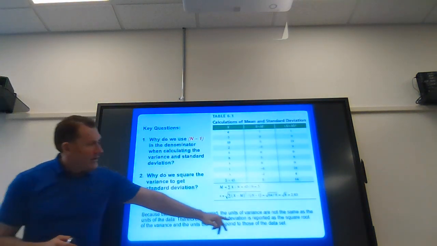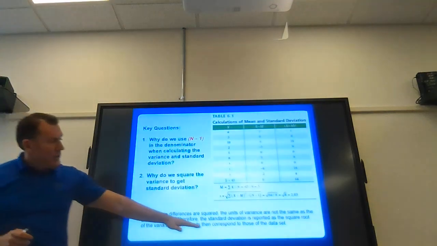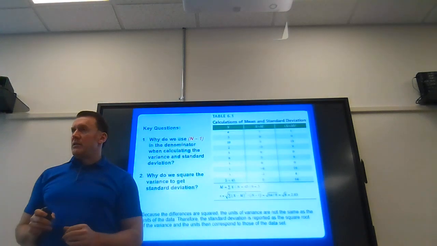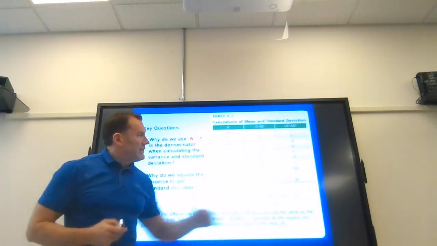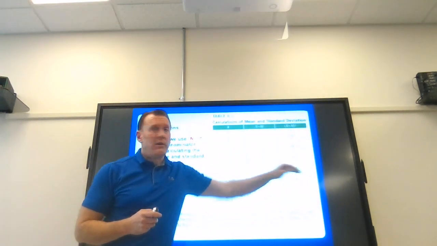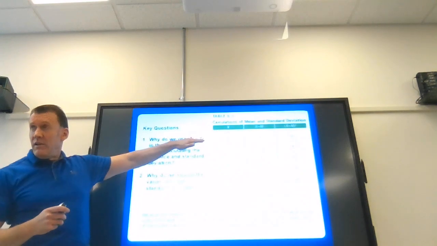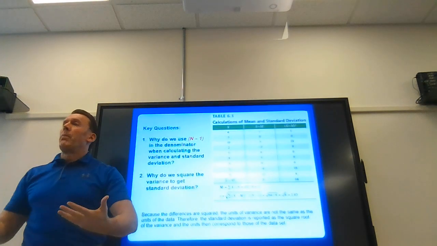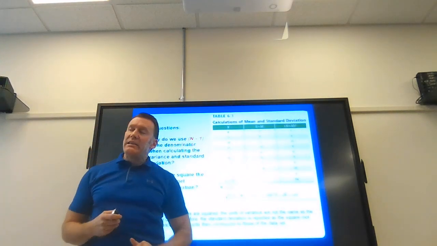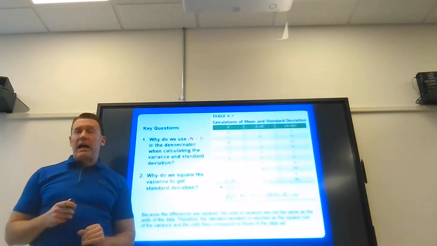So therefore, the standard deviation is reported as the square root of the variance, and the units then correspond to those of the data set. So our variance is the sum of the square deviations. It's not divided by 9, it's divided by 8 because we want a larger number. So we come up with 8, but then we have to take the square root of 8 to get it back down to the units of data.